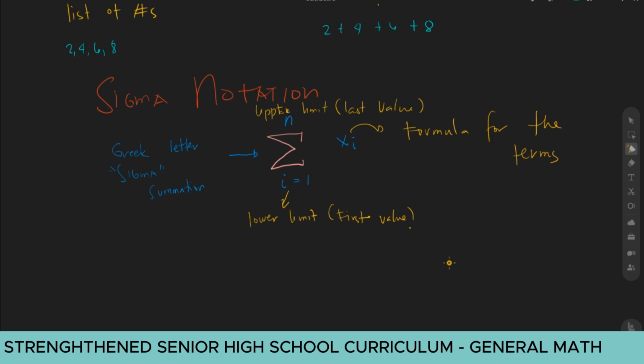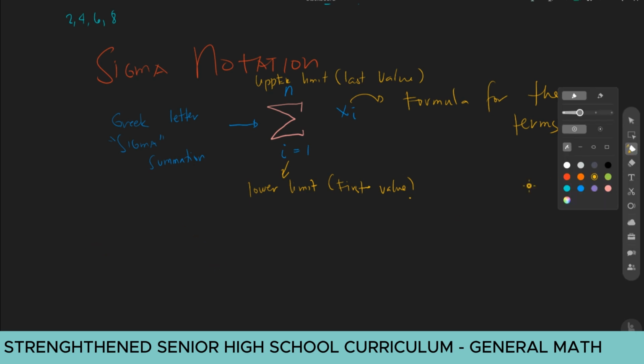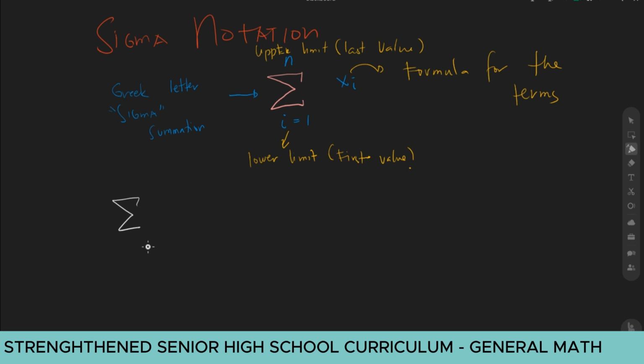For example, let's have an example. We have the index 1 and it ends with 4.